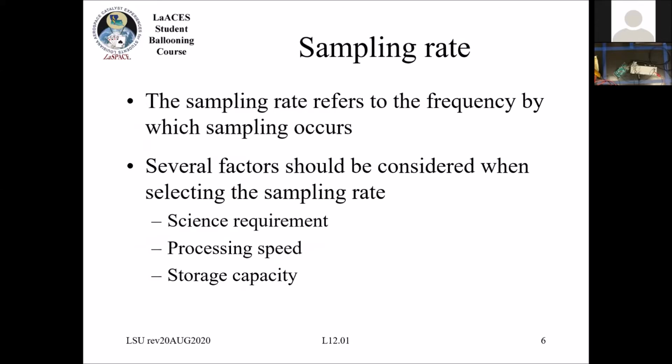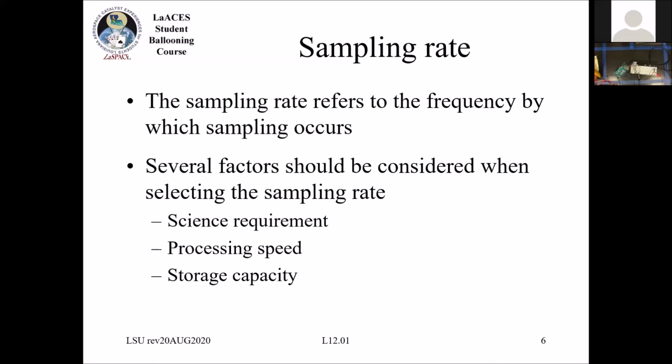So that means you have to be smart about choosing your sampling rate, right? If you're trying to look at something that is changing very slowly, a slow sampling rate is okay. But if you're looking for something that's changing rapidly, well, you need to have a much higher sampling rate.